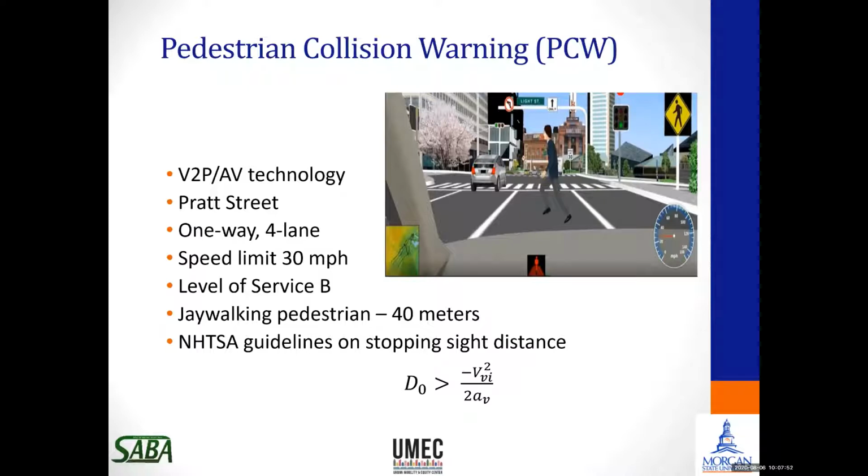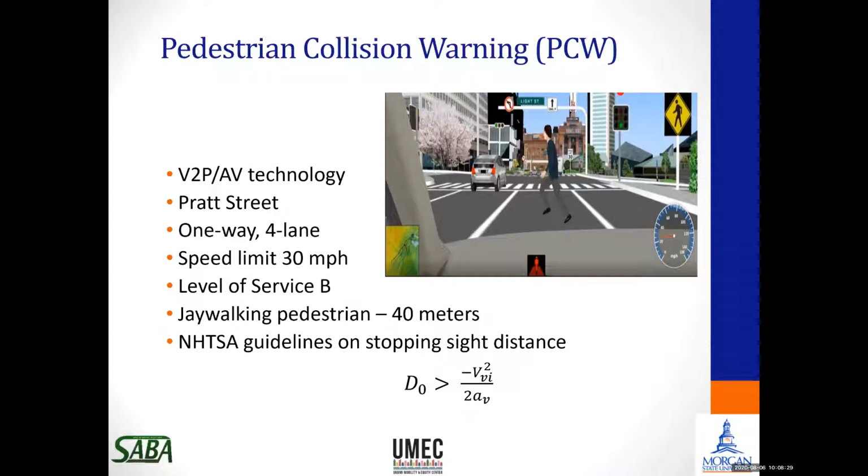We did that in our network on Pratt Street in Baltimore City, which is a one-way street, 4 lanes, with a speed limit of 30 miles per hour, and we set the traffic level of service to B. For both the baseline and the pedestrian collision warning system, as soon as the participant driver crosses a waypoint, a jaywalker appears about 40 meters from the waypoint.